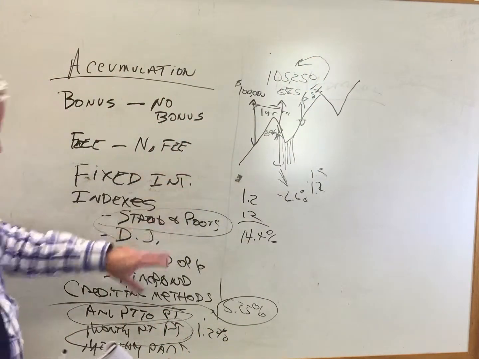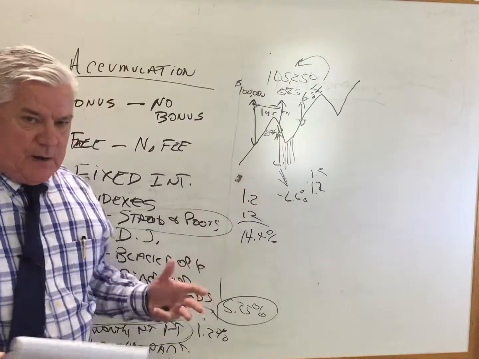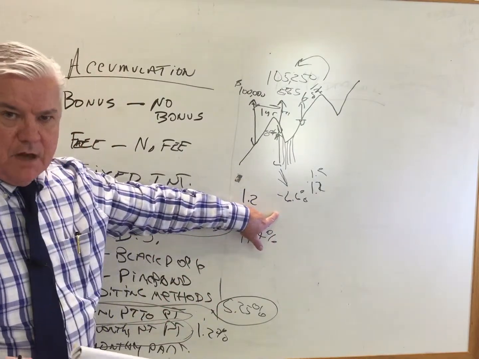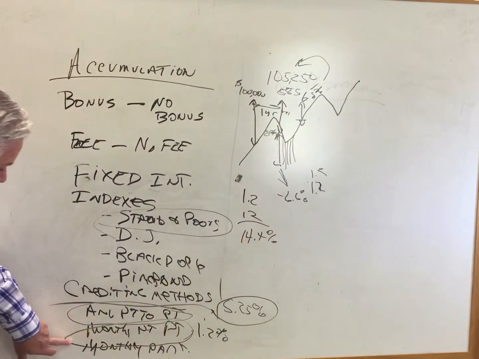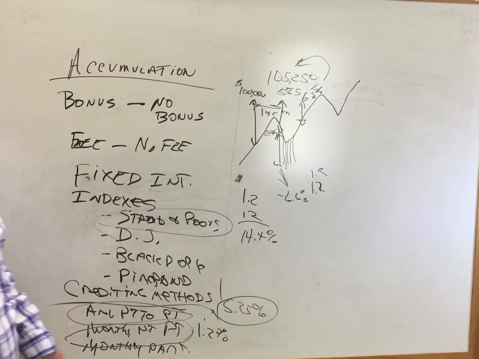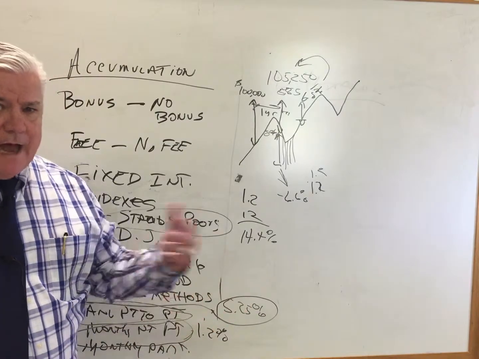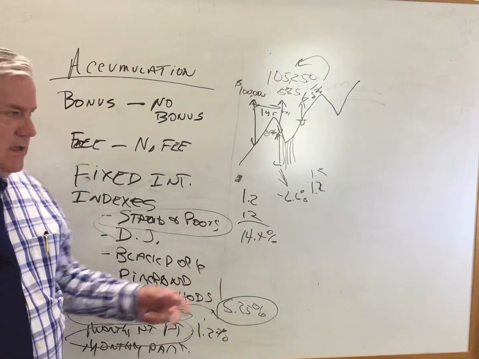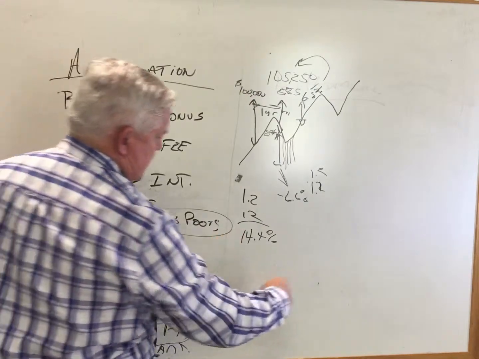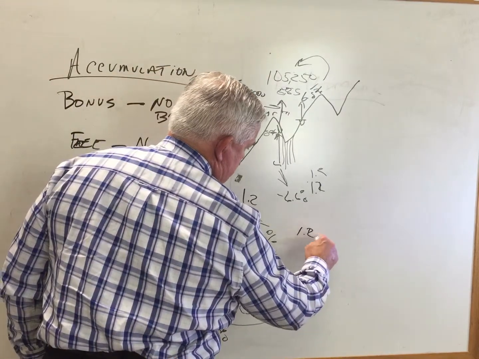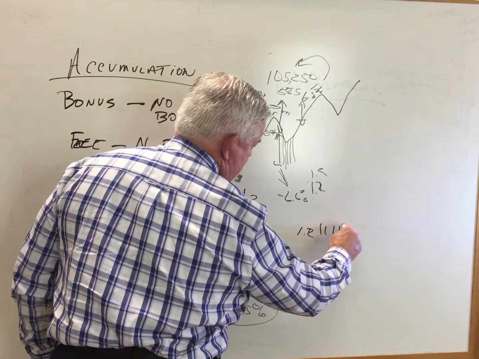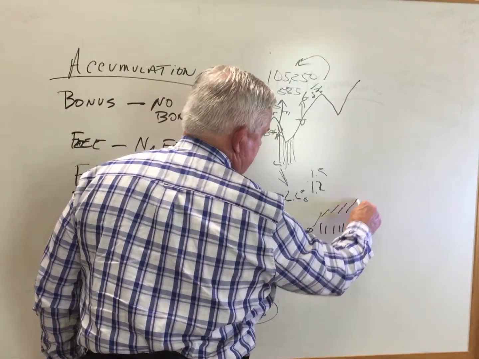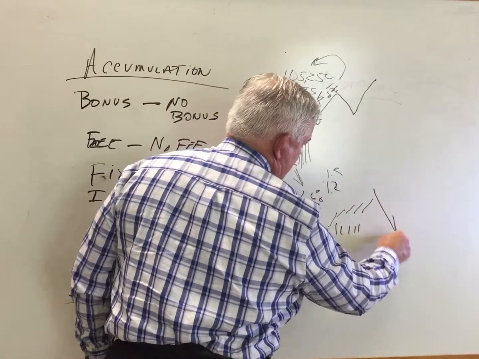So basically, the actuaries say that you can earn more money with this monthly point-to-point crediting method. However, they say that it is the highest risk method also. For instance, say you're earning 1.2% a month, and the market's steady going up, and say it goes down 15% in 1 month.